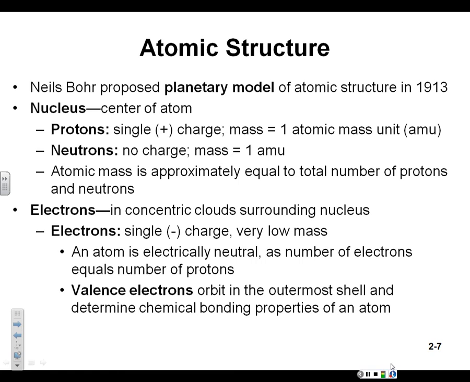Electrons are found in orbit around the nucleus of an atom, whereas protons and neutrons are found inside the nucleus.